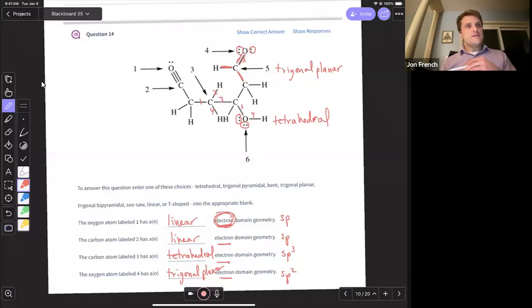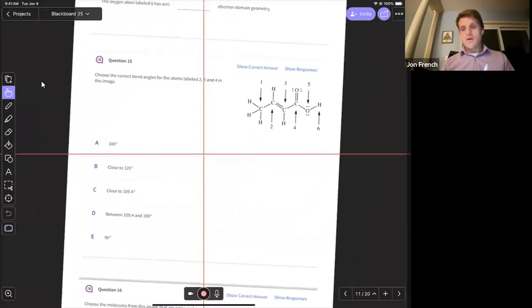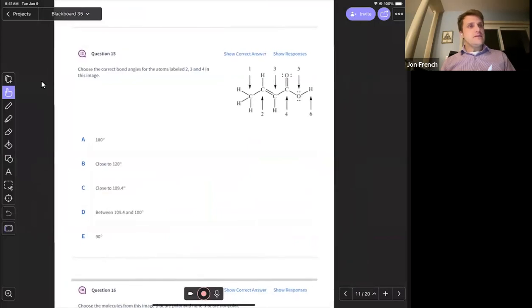If at the end we've got time, I can do some hybridization examples of pi bonds. All right, so question 15 and question 16. No, bent is not an electron domain geometry.